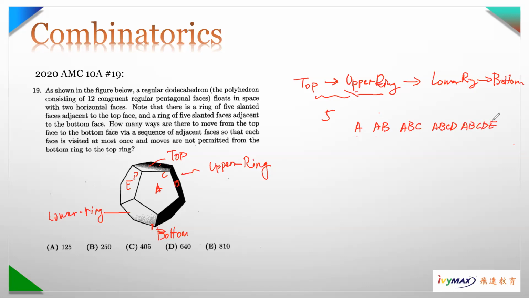Or you can change direction, as I mentioned, you can just go from A to E, and A, E, B, or all the way. So you can find out in the upper ring, if you're wandering in that level, in the same level, you have totally 9 options to go.